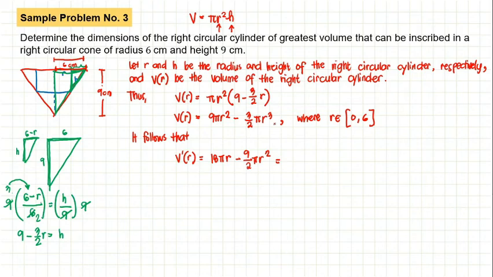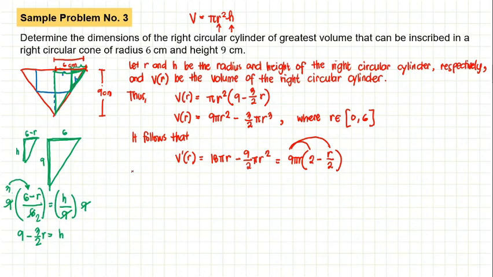So we can factor out 9 pi r. So 9 pi r times, this will become 2 minus r over 2. If you try to distribute this, it goes back to this. Okay? So that's it. We are done finding the derivative.